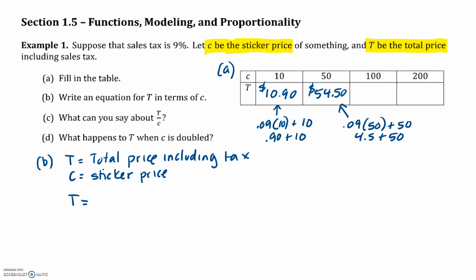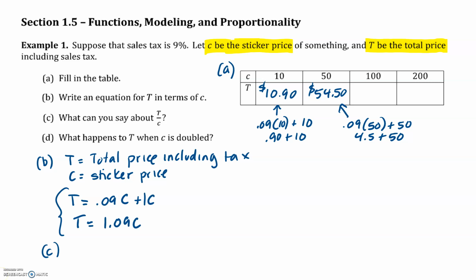T was equal to 0.09 times the sticker price, which is C, and then we added it to that sticker price. So if you combine like terms here, this is an imaginary 1, so you get 1.09C. That is the formula for part B, the equation for T in terms of C. Either one of these is fine, but we're going to look at the second one.